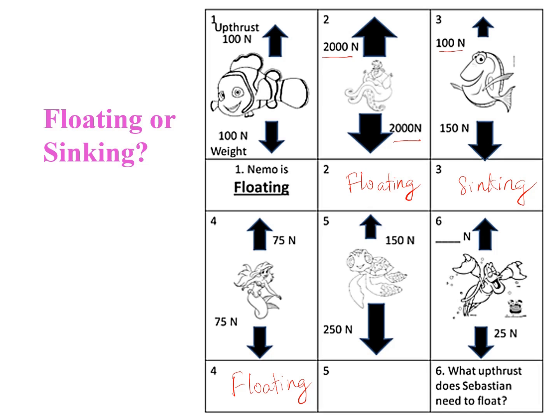Oh, it's a turtle. The upthrust is just 150 Newton, while the weight is 250 Newton. Can you see this bigger arrow? Yes, so this force is bigger, so he is sinking.